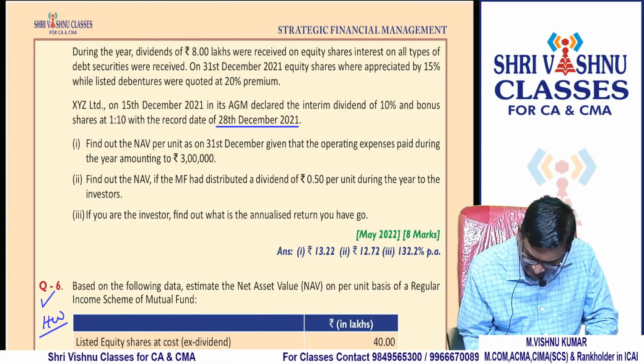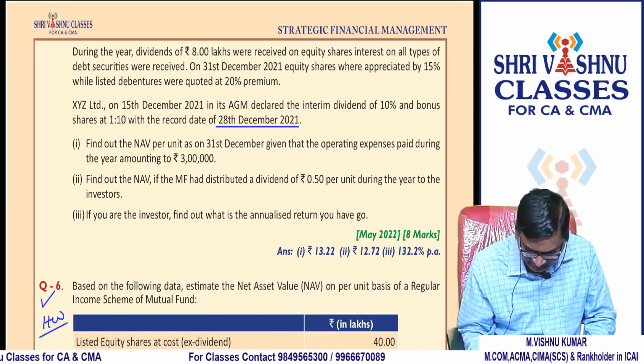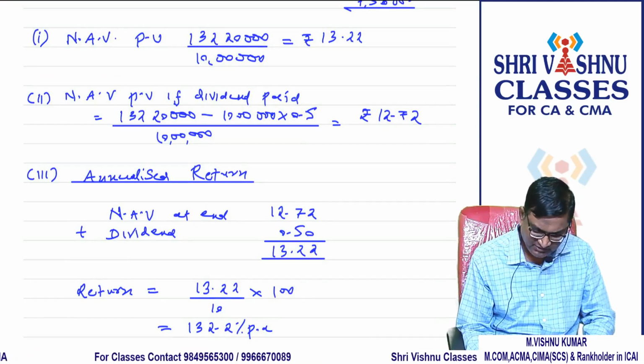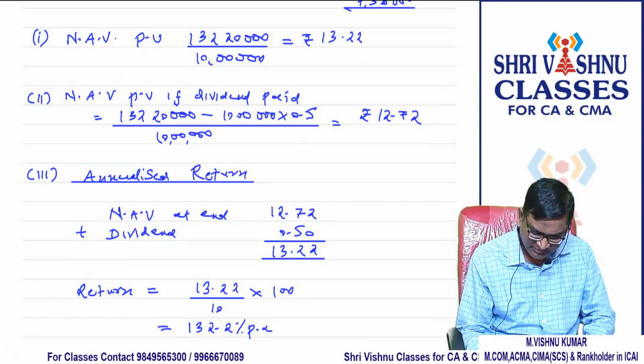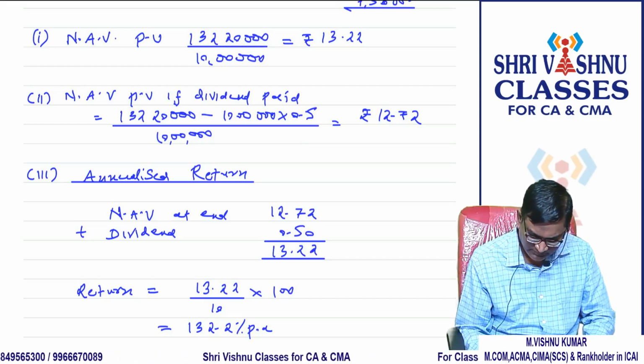Annualized return means how much return is generated or earned in 1 year. So annualized return: dividend 50 paise generated, NAV 12.72 generated. So this is converted into annualized return 132.2%.